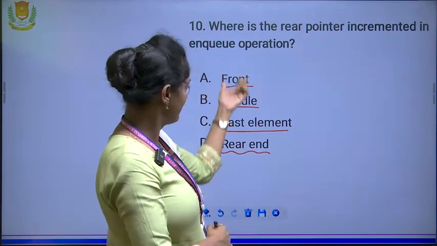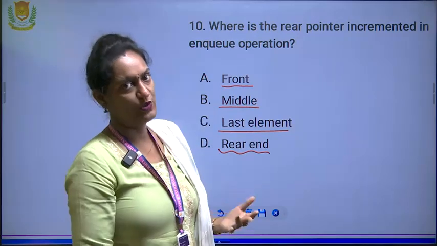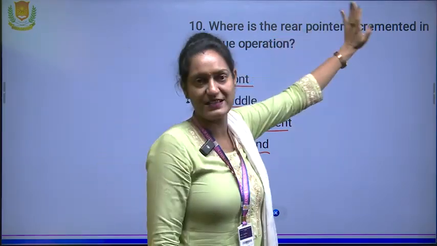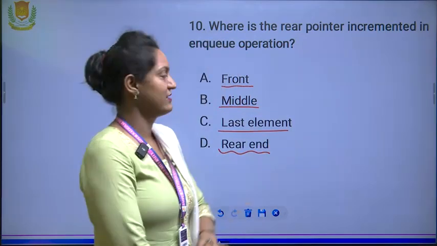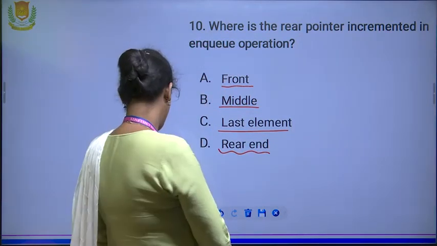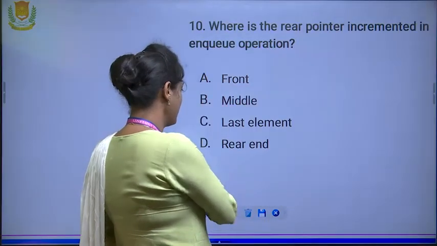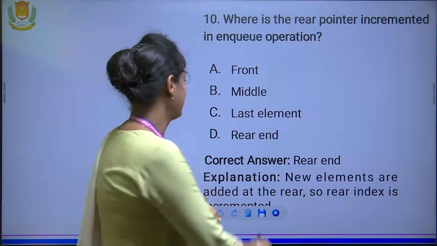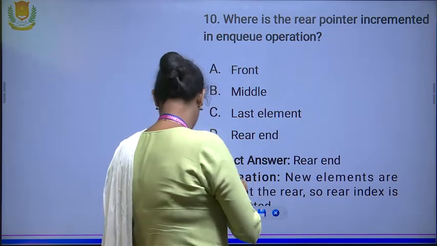So we have these 4 options. We have to evaluate where the rear pointer is incremented, right? So which answer is correct? According to this question, the correct answer is option D, that is rear end.